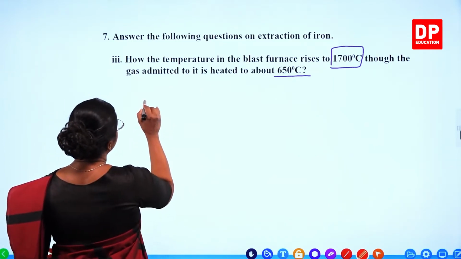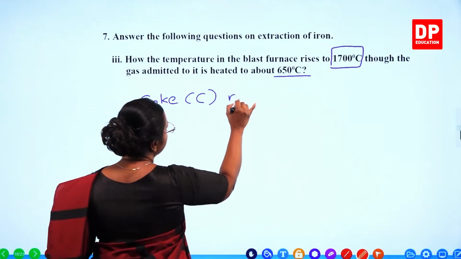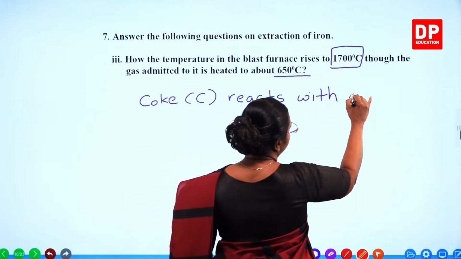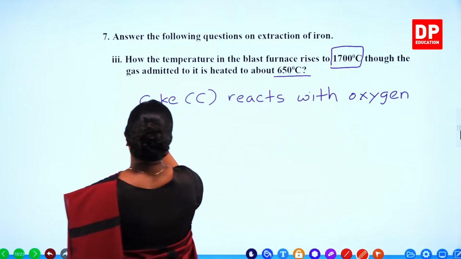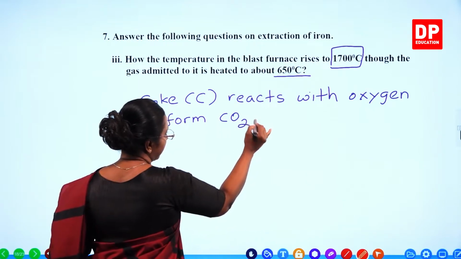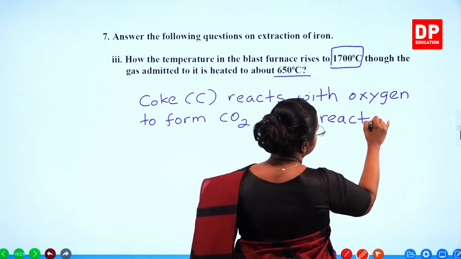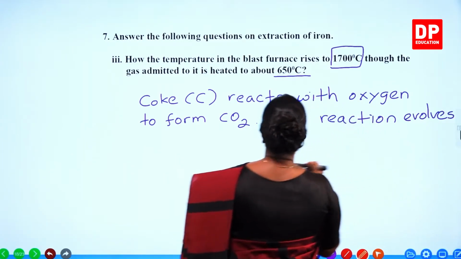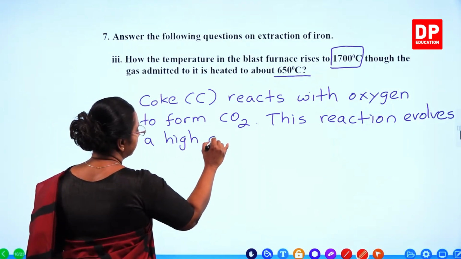So, we can say coke, that is carbon, reacts with oxygen to form carbon dioxide. This reaction evolves a high amount of heat.